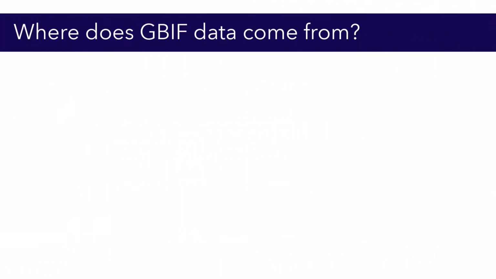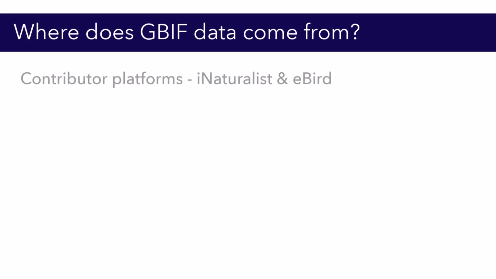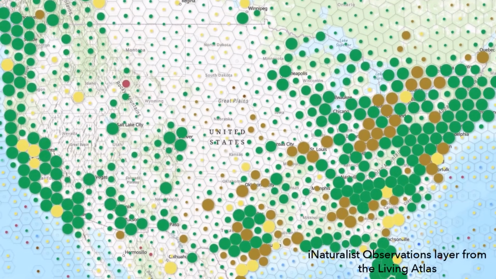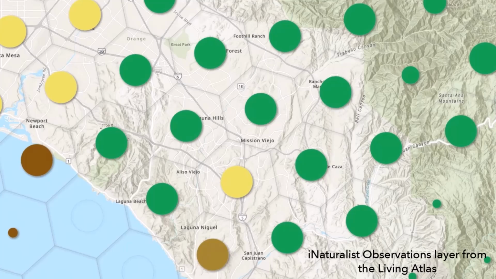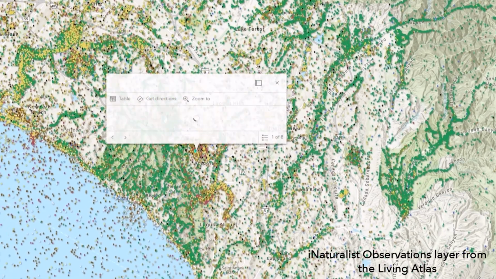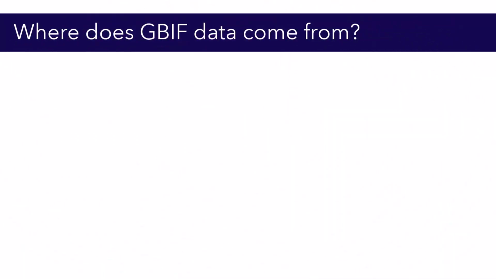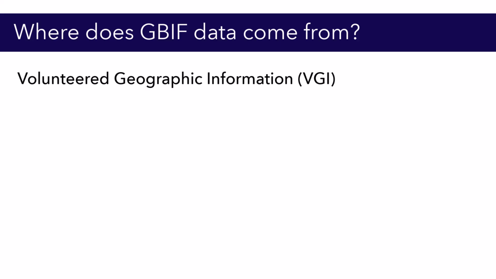More recently, these data often come from contributors who post to platforms like iNaturalist or eBird. These are platforms where users worldwide can upload photos and locations of species, which are then integrated into the scientific record. These data contributed by users are known as Volunteered Geographic Information, or VGI.